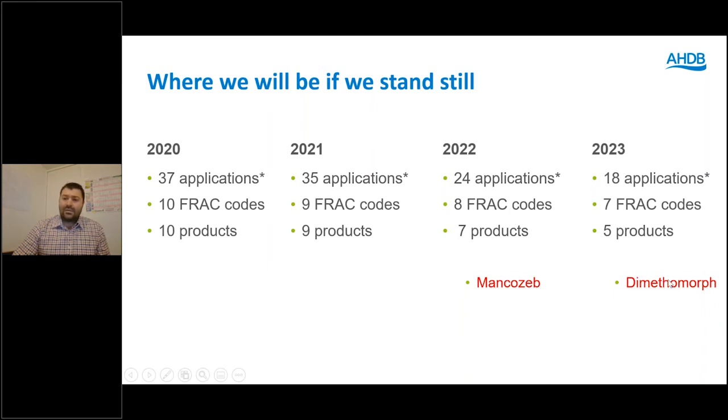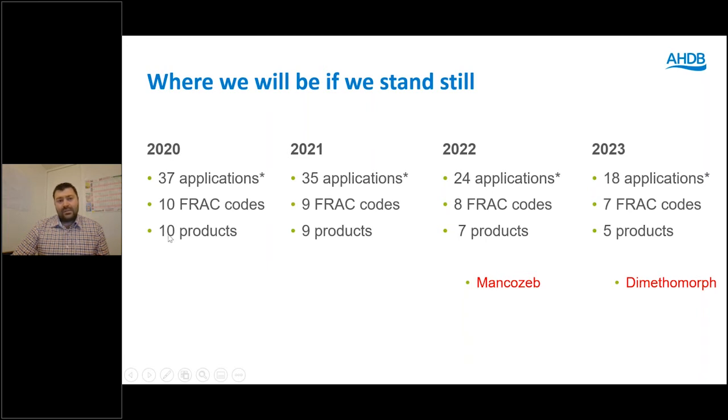And likewise, there are some question marks over dimethomorph. However, as I said before, I don't want to speculate. It's too early to talk about these, but there is obviously high risk with these 2 active ingredients, which I've highlighted. But an area of attention that I wanted to bring up is actually the number of products.